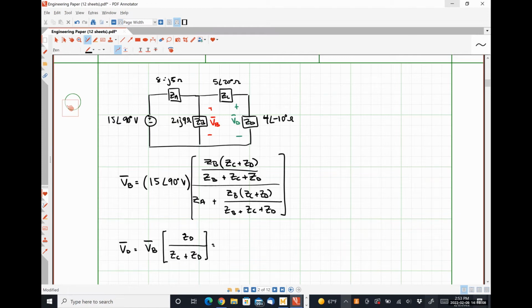So 2 applications of voltage division will get us the quantity that we were looking for. So let's take just a moment here to do these calculations.